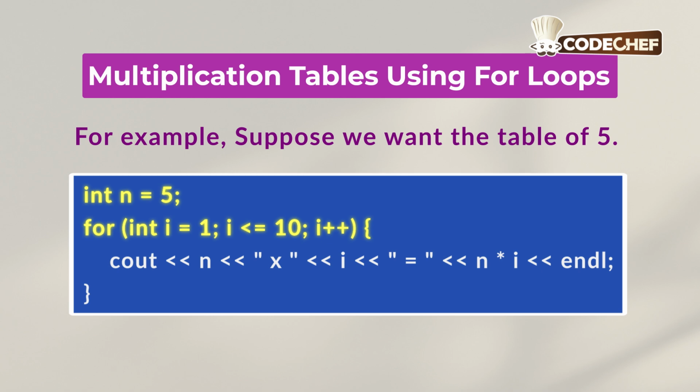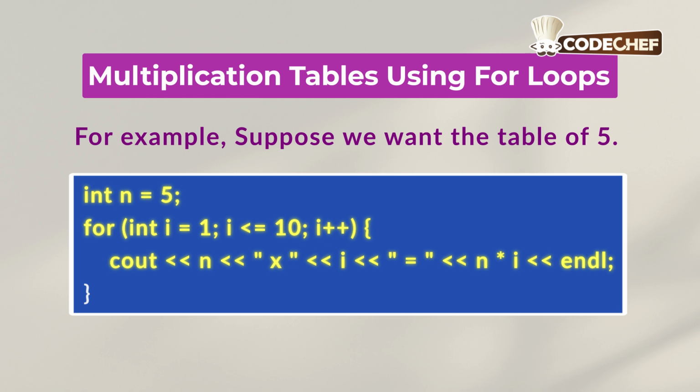Cout, extraction operator, the value of n which is 5. Again extraction operator, then the multiplication sign in double inverted commas. Extraction operator, the value of i for each iteration. Then extraction operator, is equal to in double inverted commas.